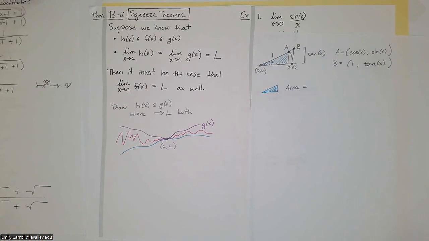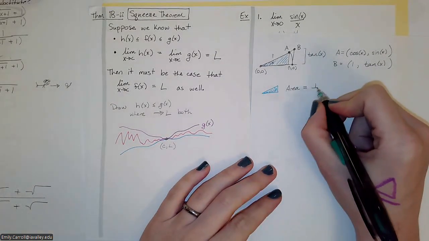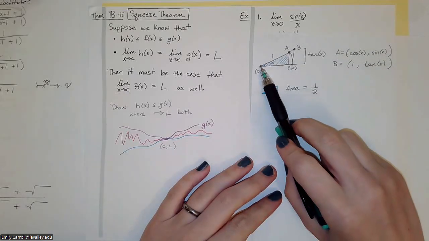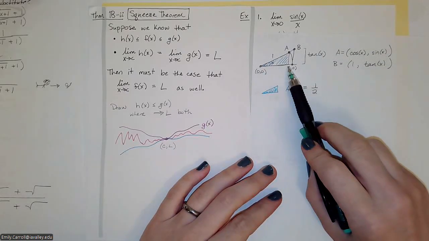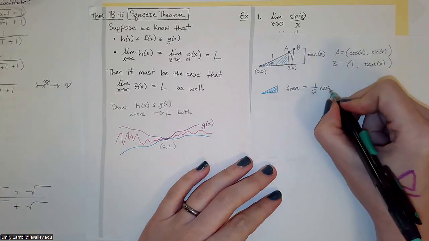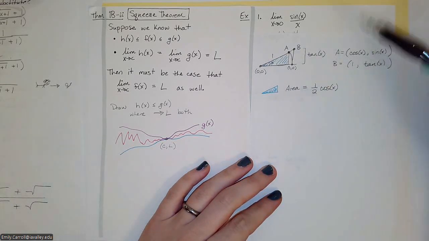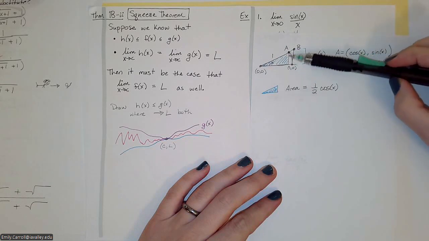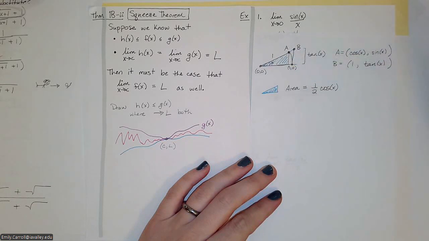Well, the area of the triangle is 1/2 base times height. So 1/2, what is this length here? It's the x value of A, which is cosine of x, times the height, which is sine of x.